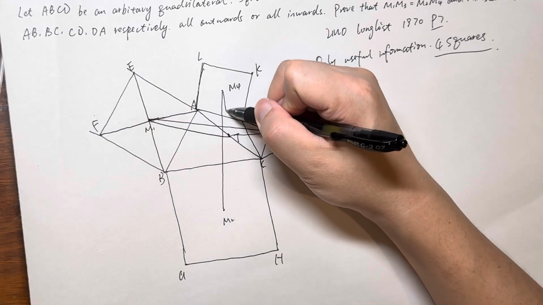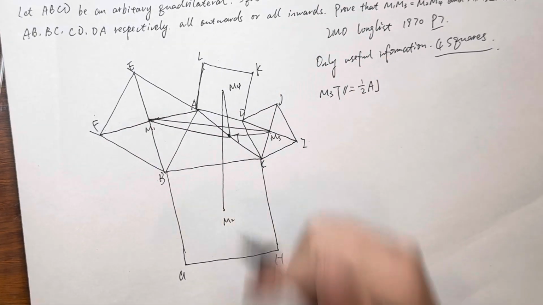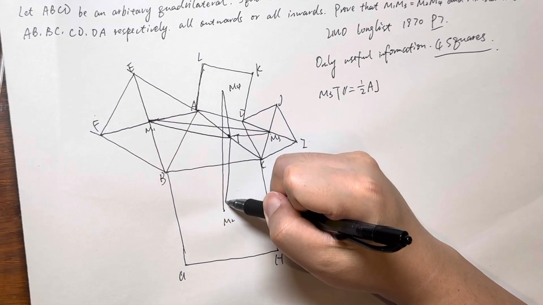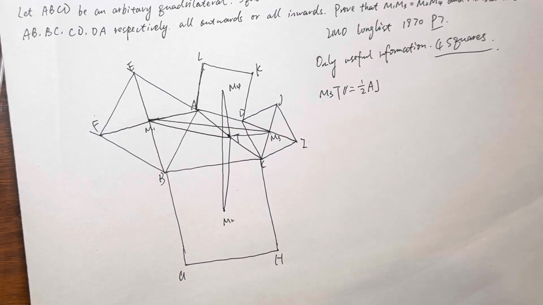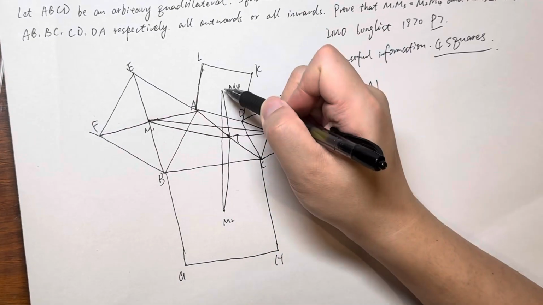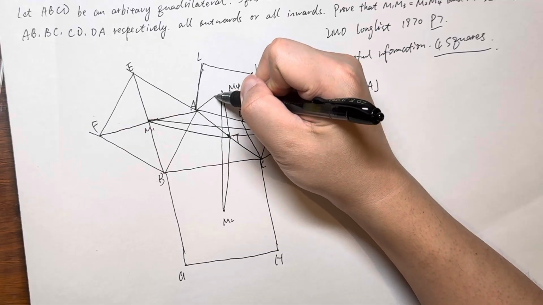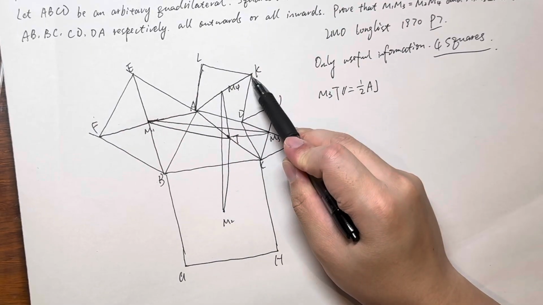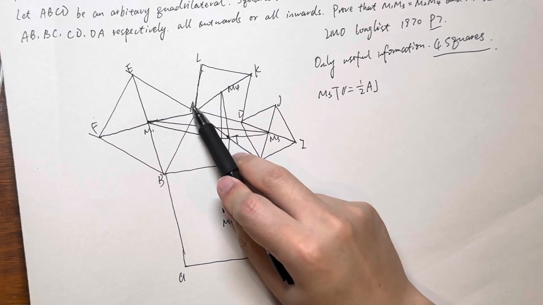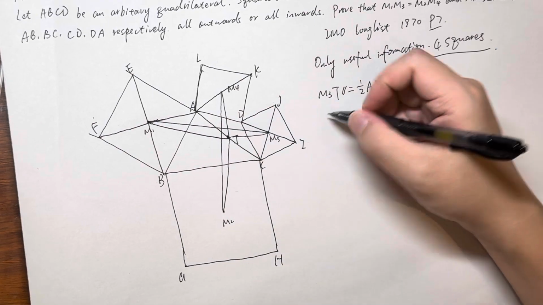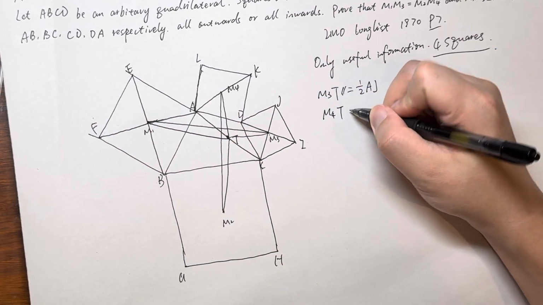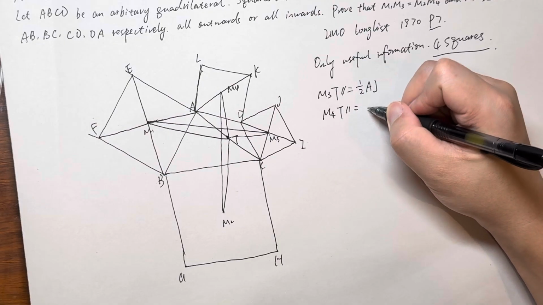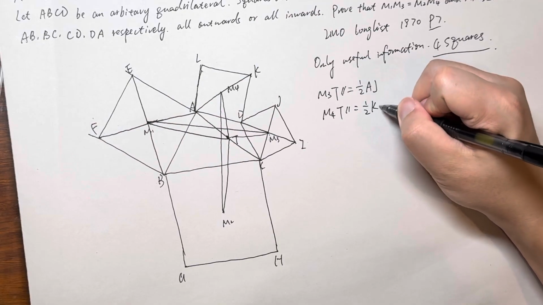Now we connect M4T and M2T. If we look at M4, it is the midpoint of AK and T is the midpoint of AC, which means M4T is parallel to and equals half of KC.